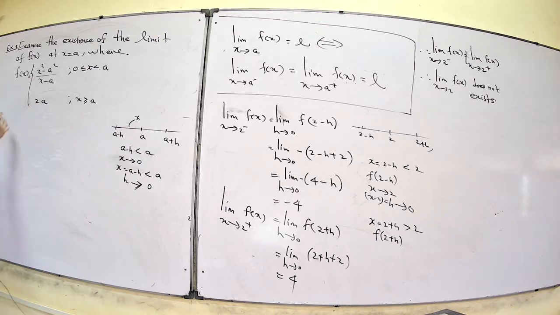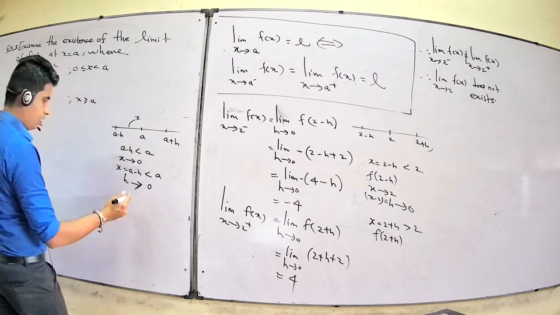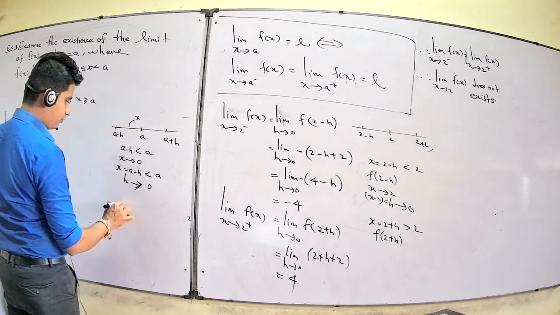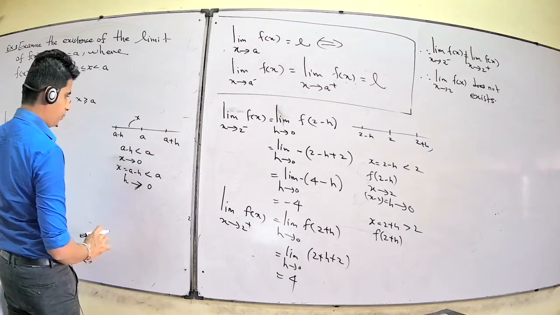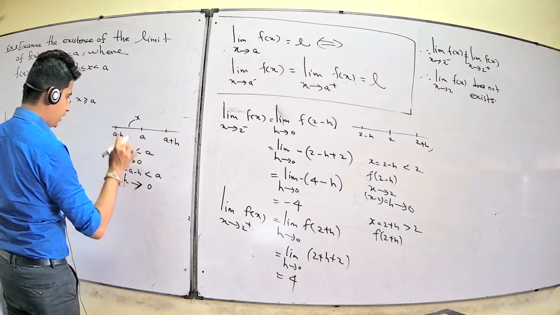Therefore, the limit of f(x) as x tends to a minus. This is the interval a minus delta to a, which you have already studied, right? Here delta is your h.